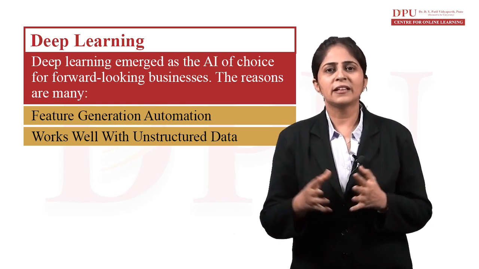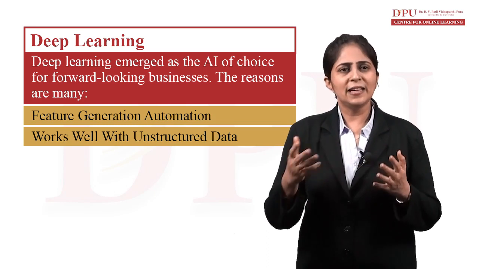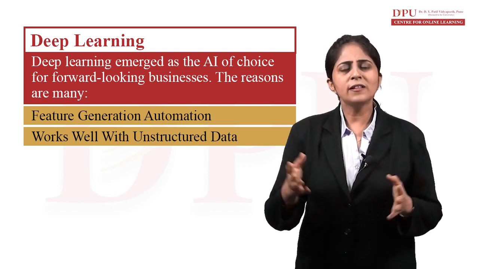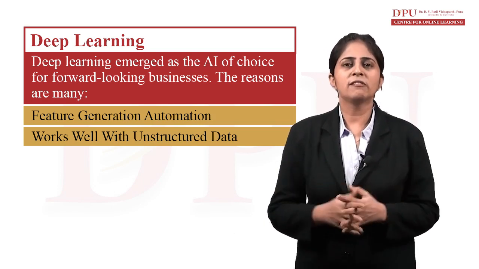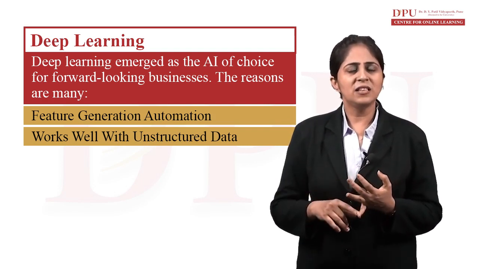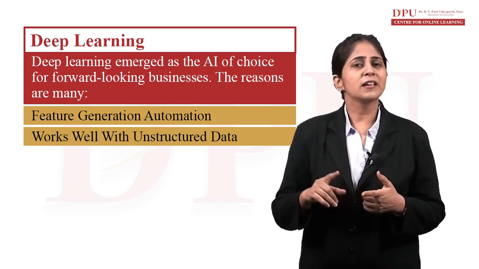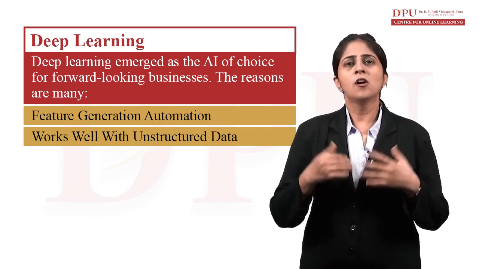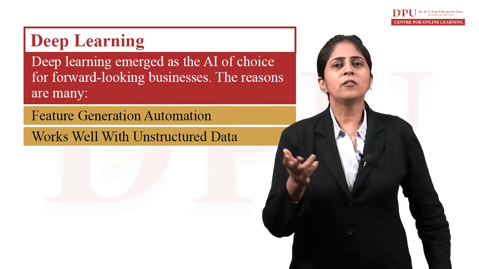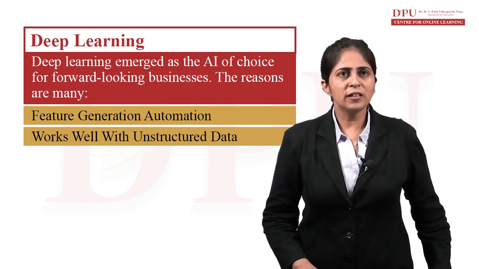By training deep learning networks with unstructured data and appropriate labeling, they can help businesses optimize virtually every function, from marketing to sales to finance to healthcare, all sorts of industries. So the next advantages for why deep learning has become the choice for forward-looking businesses: first is feature generation automation, where new features are generated automatically. Second, it works well with all kinds of unstructured data. That is why we are using deep learning.